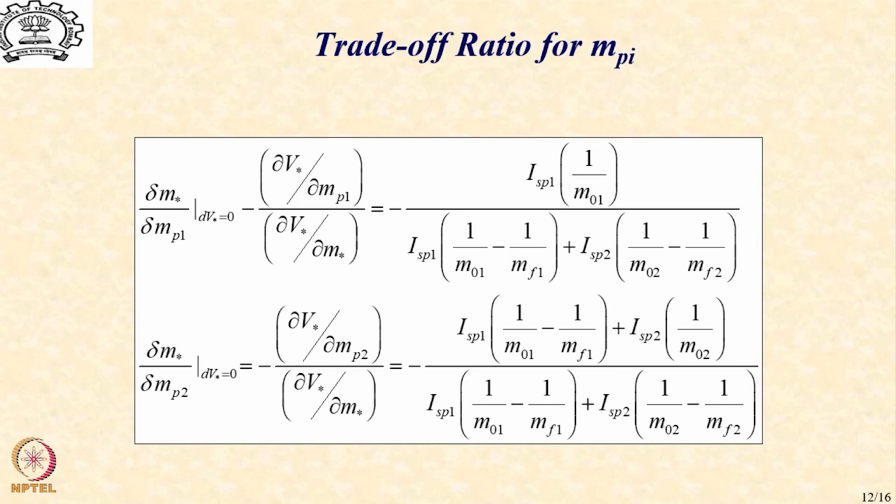But even without doing that, I realize that if m01, m02, these quantities do not change, which means if my structural mass does not change, then if there is a change in Isp, I can use this partial derivative expression directly to show how a small change in Isp will affect, for a constant propulsion mass, the change in m star.